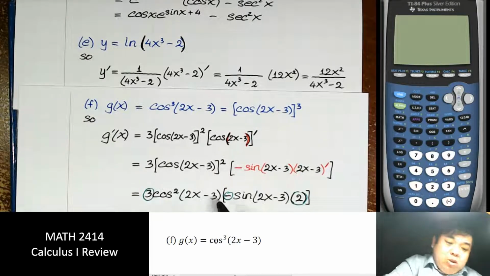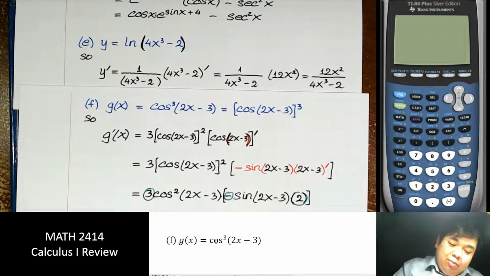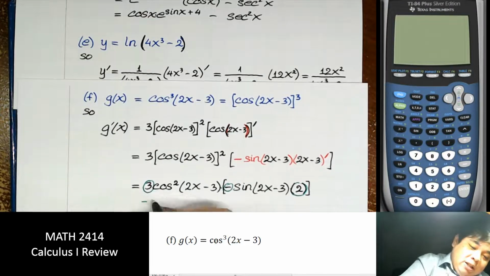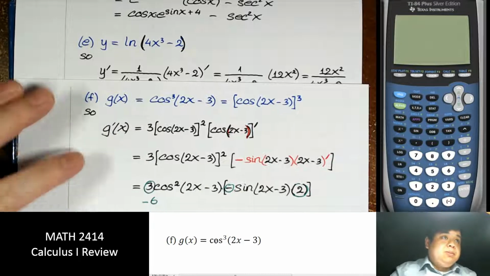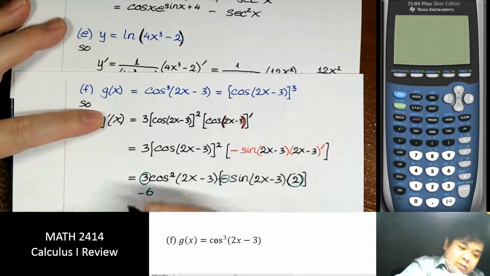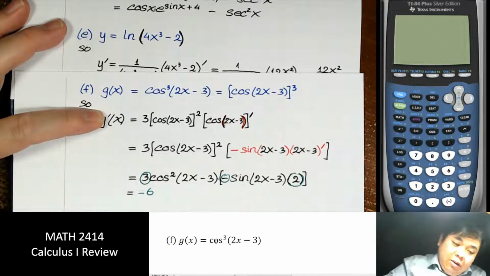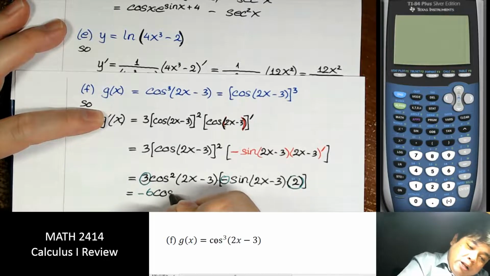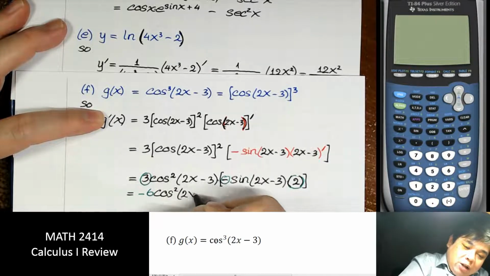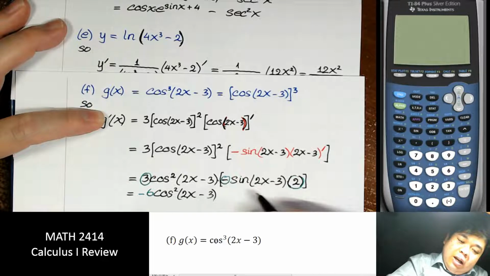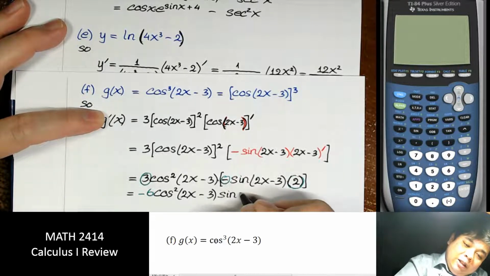All of that multiplies together, right? So we just take the negative, 2 and 3, so make it negative 6. And then we have cosine squared of 2x minus 3, and then sine of 2x minus 3.